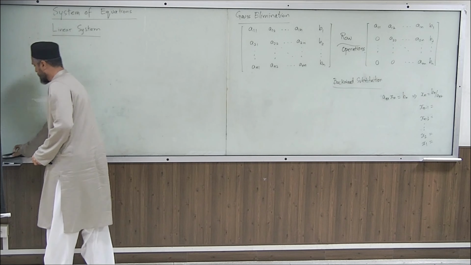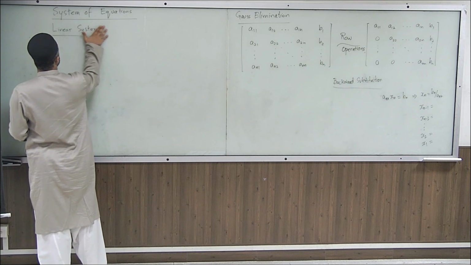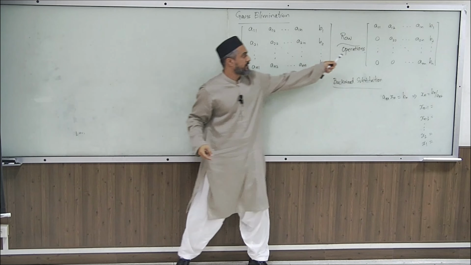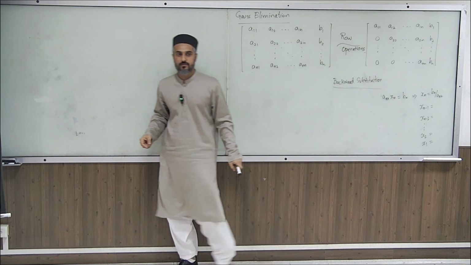Now I'm coming to how to convert this into the upper diagonal form. So step number one, in changing the augmented matrix into an upper diagonal form: the first element on the main diagonal is called a pivot element.